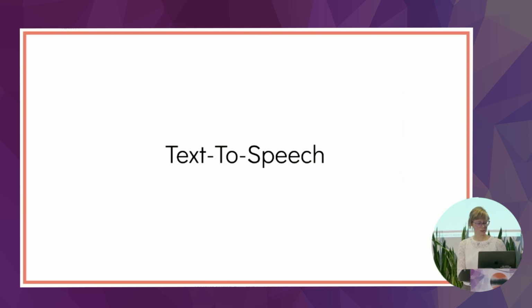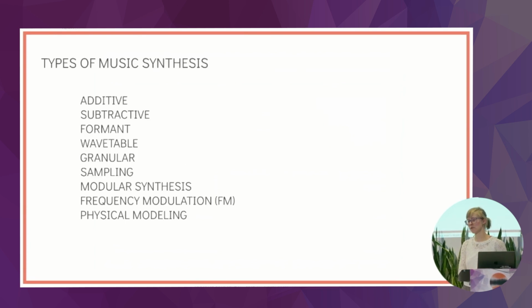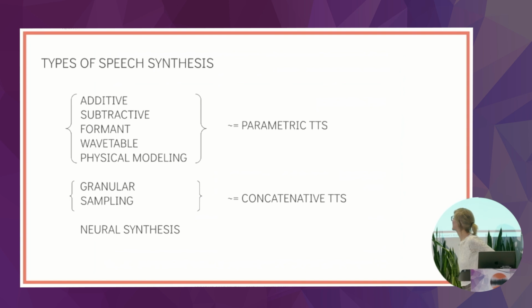So text-to-speech. Just going over our types of music synthesis, all of these have a direct correlation to how we build sound for speech synthesis. And so we can see additive, subtractive, formant, wavetable, and physical modeling in parametric TTS, which we'll talk about later. And then just starting with the most intuitive one, granular and sampling, where we're taking small chunks and adding them in sequence in the time domain, is akin to concatenative TTS.